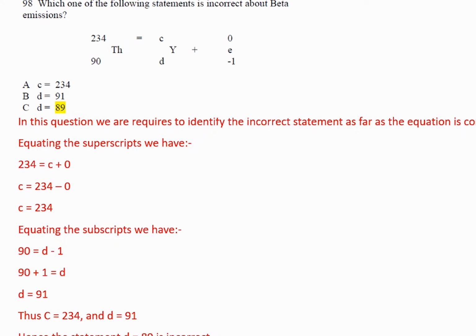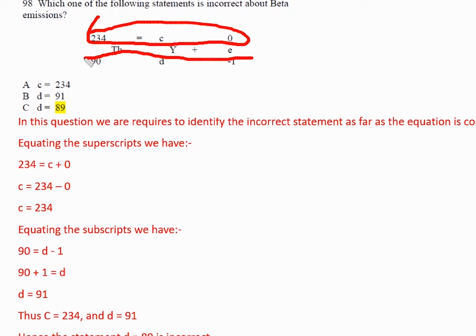Question 98. Which one of the following statements is incorrect about beta emissions? Also in this case, again, we are going to equate the superscripts, the numbers which are on top, and in the second instance, we equate the numbers which are at the bottom. We call them the subscripts. So starting with the superscripts, 234 is equal to C plus 0.